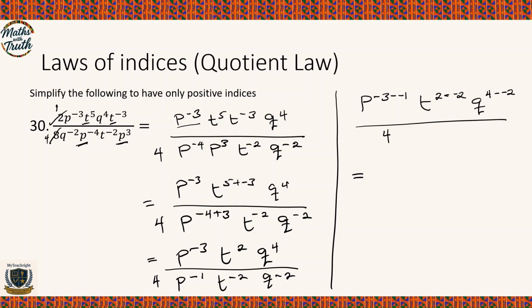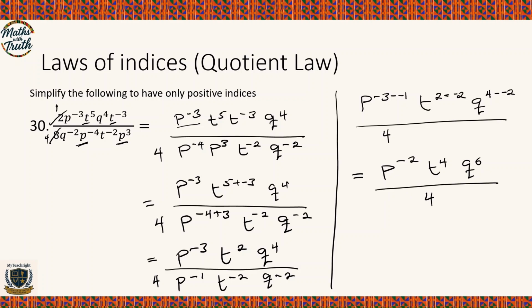And this is equal to p exponent -3 plus 1 is -2, t exponent 2 plus 2, that is t exponent 4, and q exponent 4 minus -2 is 4 plus 2, that is q exponent 6, all divided by 4.